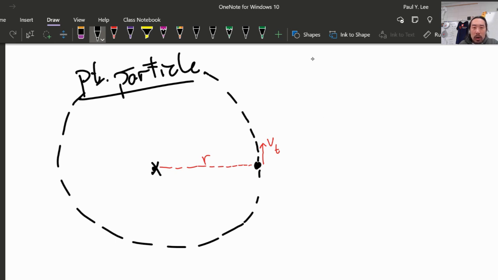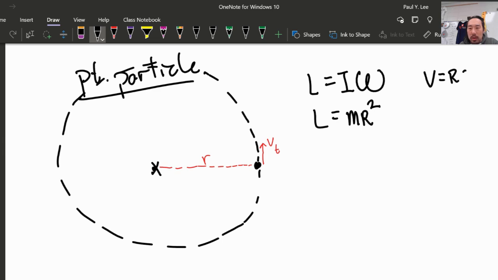Now, let's start our derivation with the rotational momentum formula: L is equal to I omega. Our rotational inertia formula for a point particle is mr squared. To go from rotational velocity to translational velocity, we use this formula here, and we see that omega is v over r.